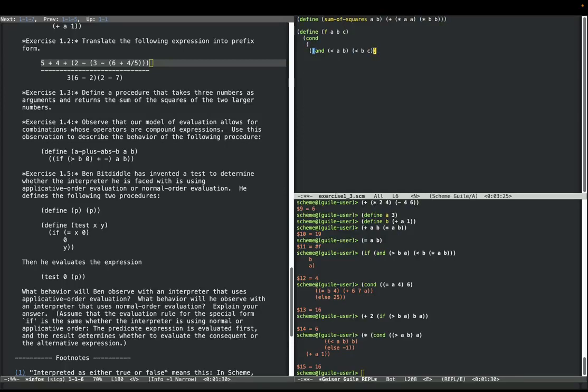And now in this case, we know B and C are the larger, right? So then we do sum of squares of B and C. Okay, so we could write it that way, right?